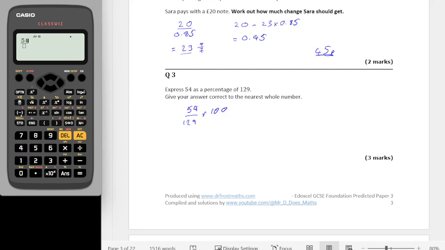So 54 over 129, as a fraction, and then multiply that by 100. That's going to give me 41.860, and I want that to the nearest whole number, so that's going to be 42%.